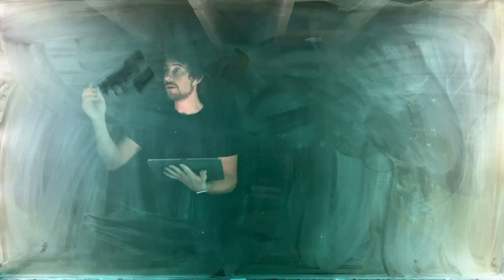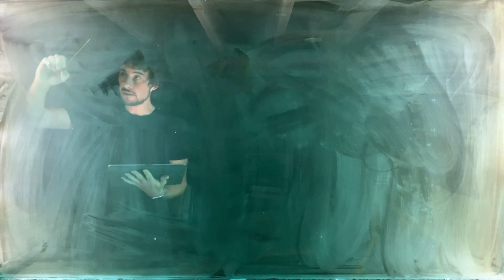So let me put the first problem up on the board here. We've got a concrete pad in this problem, a rectangular concrete pad that looks a bit like this and is fairly short.